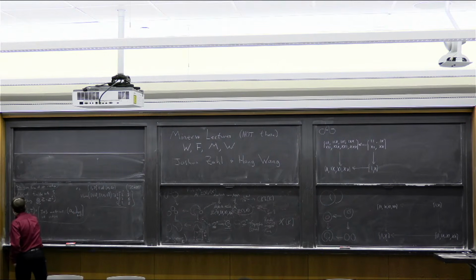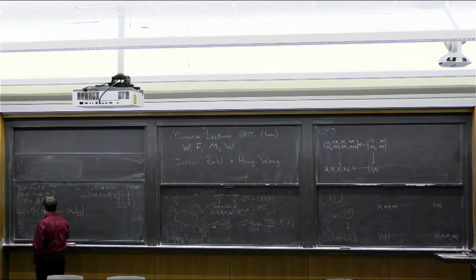Okay. So B, this stands for the Burnside category of the trivial group. You don't need to know that, but that's where the B came from. Its objects are again going to be finite sets.